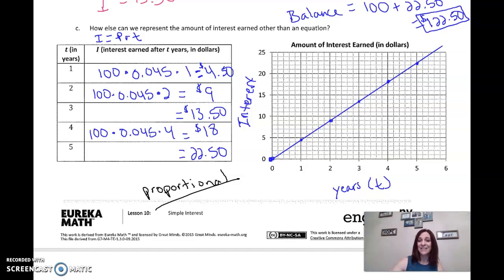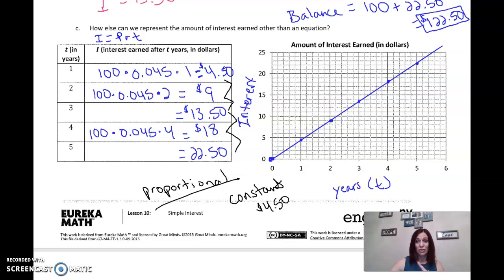And it also has to have a constant. Well, look here. How much are we going up every single time? From 4.50 to 9, from 9 to 13.50, from 13.50 to 18, and from 18 to 22.50. Okay? And we have a constant. We're going up by the same amount every time, right? Is $4.50. Okay, so every year he's going to earn $4.50.